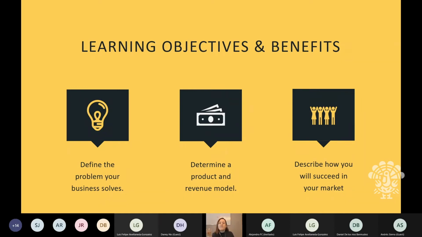Maybe you have the right pricing for countries in Latin America or Colombia, but your product or service could be valued differently in Canada, and I want you to explore that as well. And then describe how you will succeed in this market. That is very important because it defines your value proposition to enter Canada.